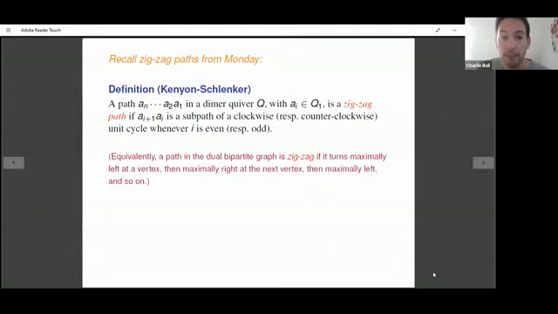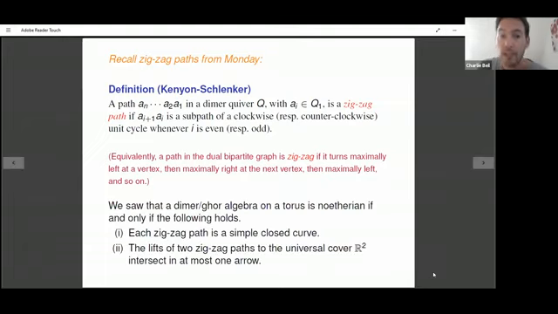Equivalently, you can state this in terms of the dual bipartite graph that Lauren Williams showed. It's a zigzag path if it turns maximally left at a vertex, then maximally right at the next vertex, then maximally left, and so on.